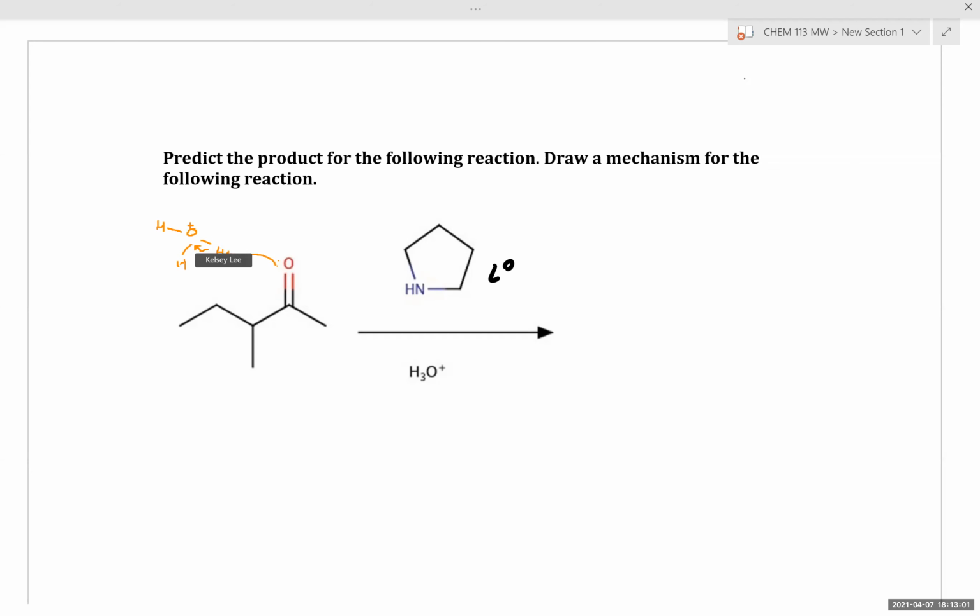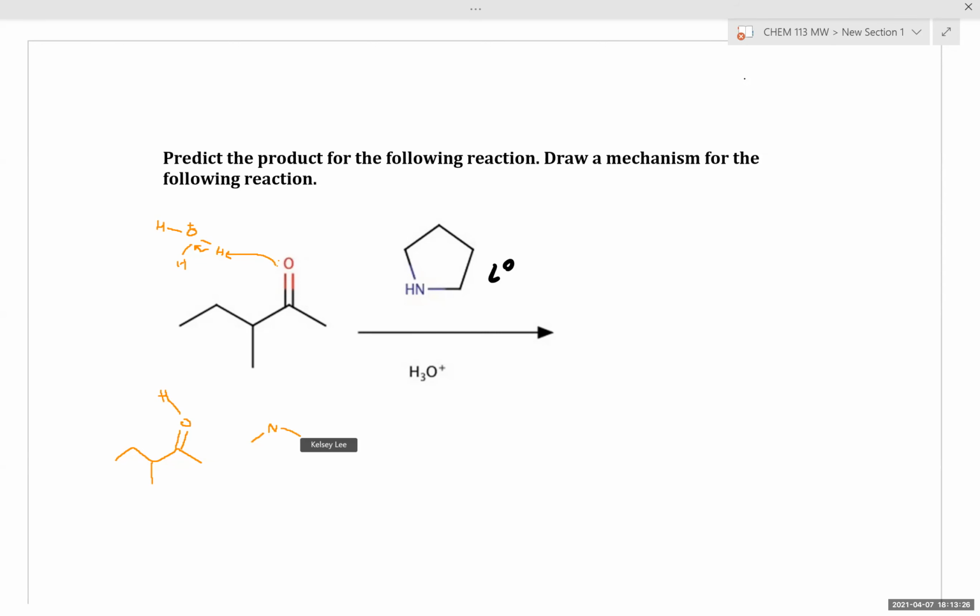So in our first step, we're going to activate our carbonyl via protonation. Now that we've protonated our carbonyl, we have a much more electrophilic carbonyl carbon.